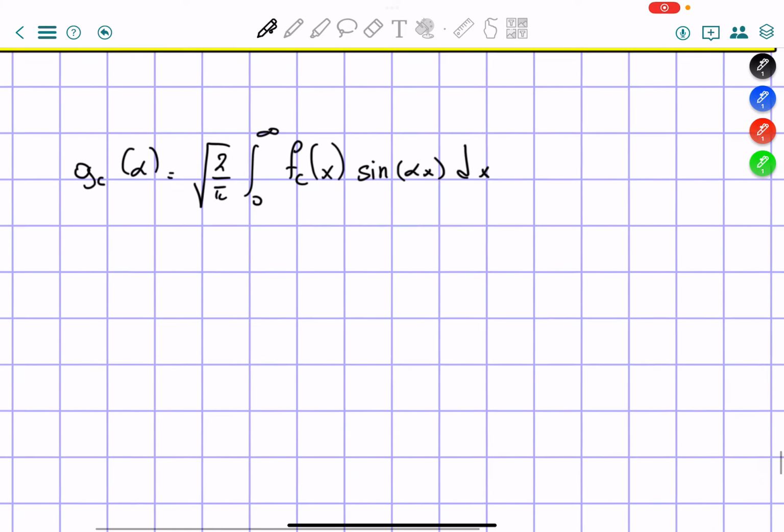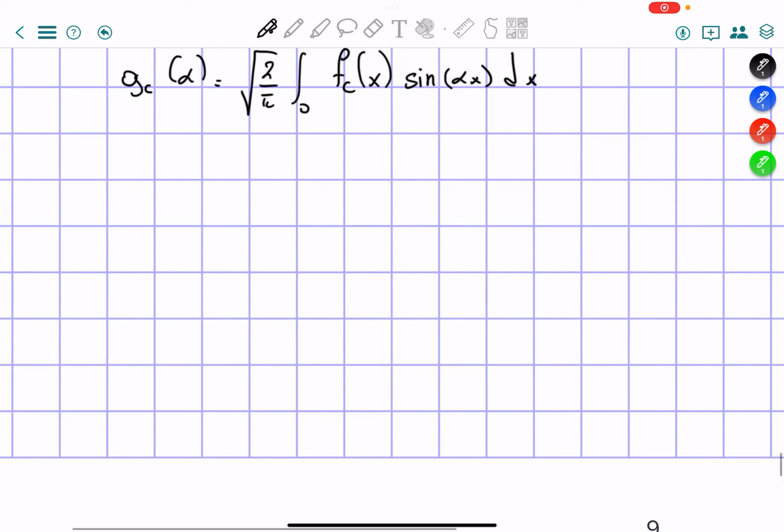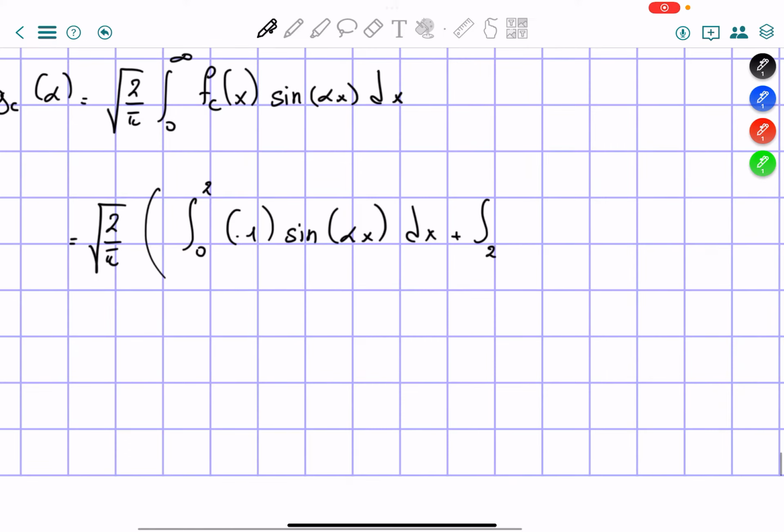Here we can substitute and we're going to have three intervals again. The last one is always going to be equal to 0, so I'm just going to avoid writing it. Square root of 2 over pi, and then integral from 0 to 2 of negative 1 sine of alpha x dx plus integral from 2 to 3 of 1 sine of alpha x dx.